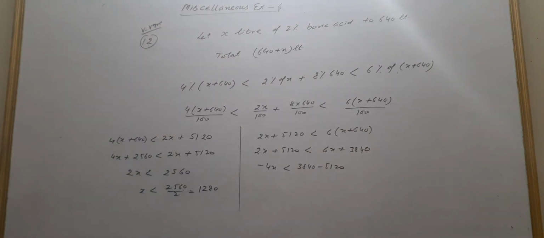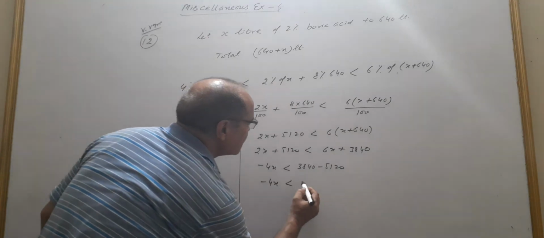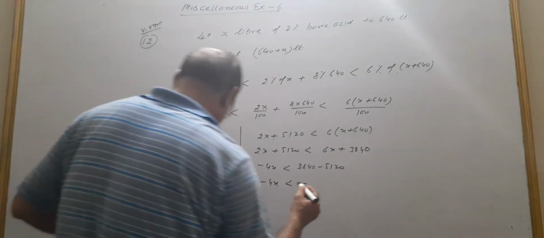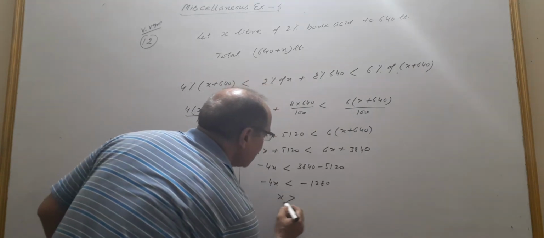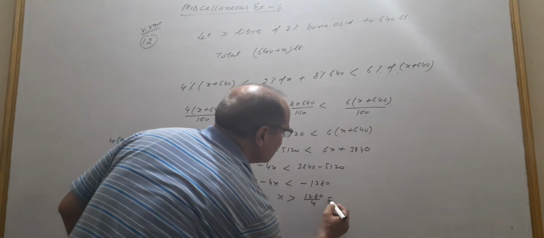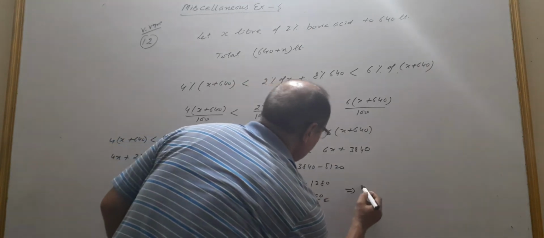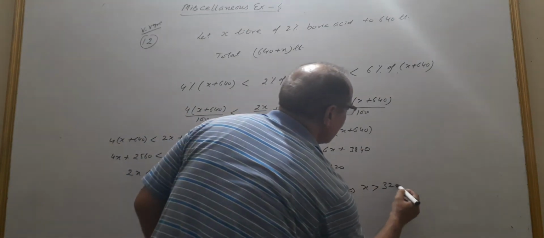Therefore this can be written as minus 4x is less than minus 1280. The sign of inequality changes its direction when we divide or multiply by a minus. That implies x will be greater than 320.